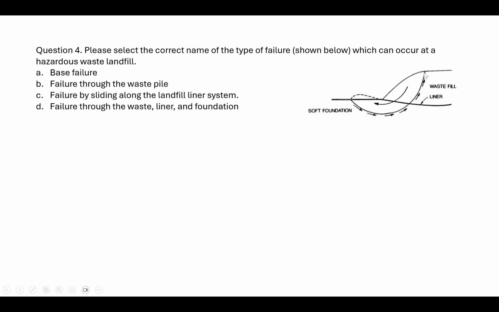So here a case is given where microbial attenuation is taking place, and because of the surrounding conditions there is a dip in system temperature, and we have to find out the impact of this temperature decrease on the degradation process. The first option is the rate of degradation will increase and the mentioned simpler compounds will form.